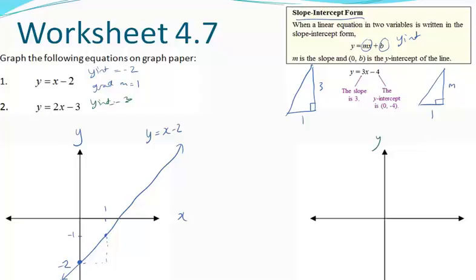So here on our y, our x, -1, -2, and -3. So we're cutting through our y-axis here at -3. And here our m is equal to 2. So here's our 1. If we go across by 1, we're going up 1, 2 here. So here we've got y is equal to 2x minus 3.